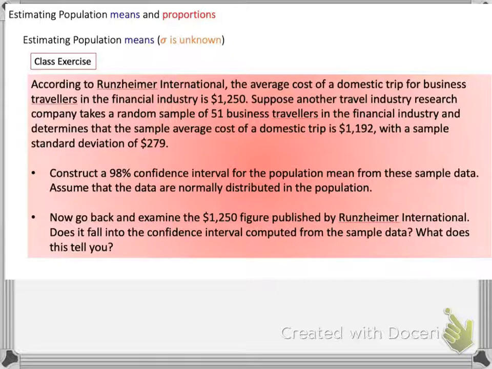Second example. According to Ronzheimer International, the average cost of a domestic trip for business travelers in the financial industry is $1,250.